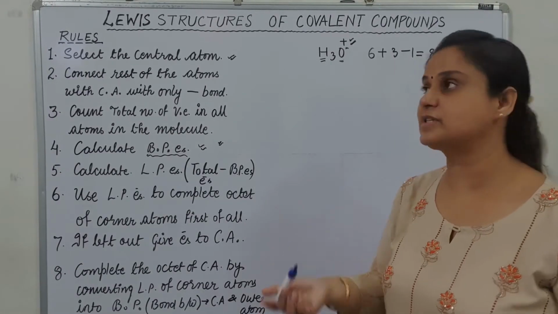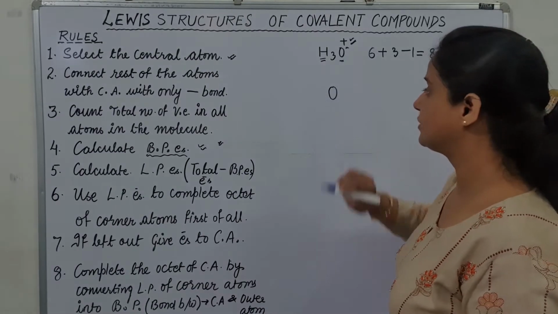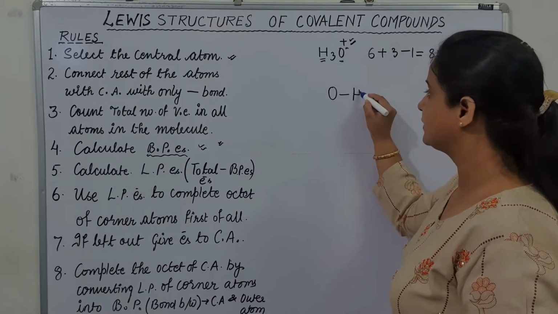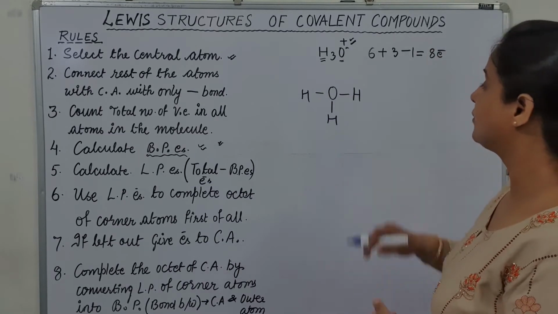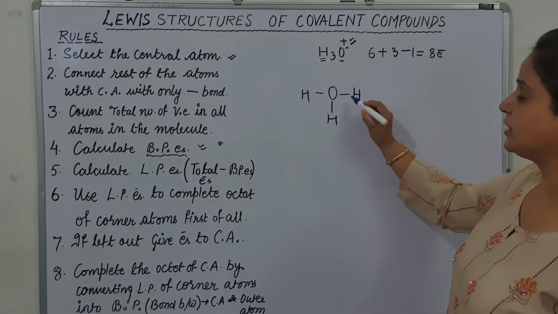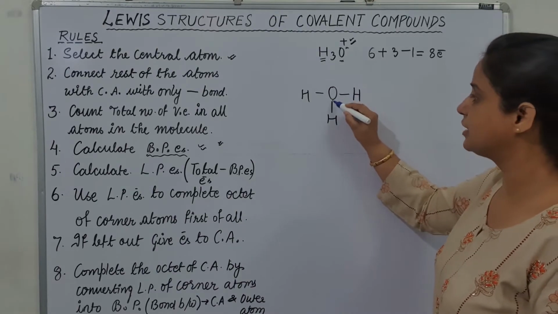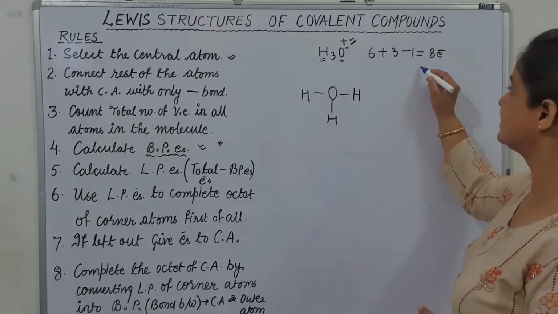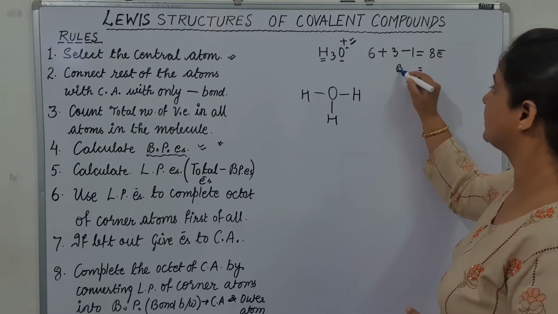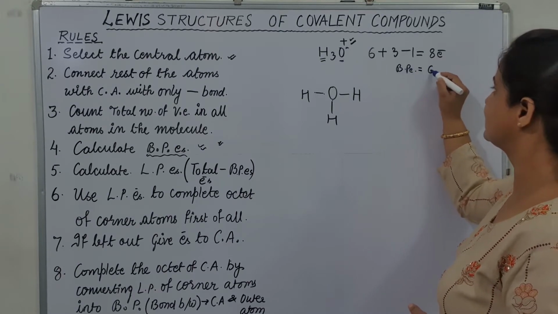Now do the same procedure. So what is the central atom here? Oxygen. How is it connected with the hydrogen? Like this. And what will be the number of bond pair electrons? 1, 2, 3, 4, 5, 6. Right? So how many electrons are there? 6 electrons. So bond pair electrons are 6.